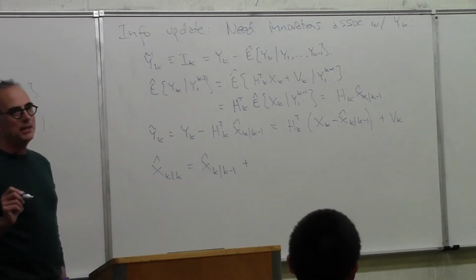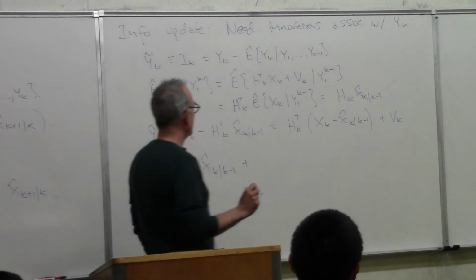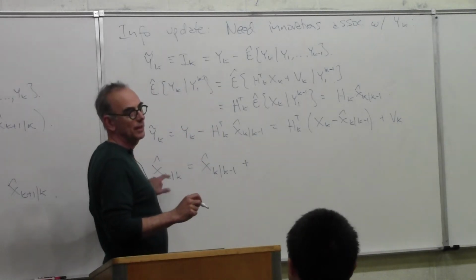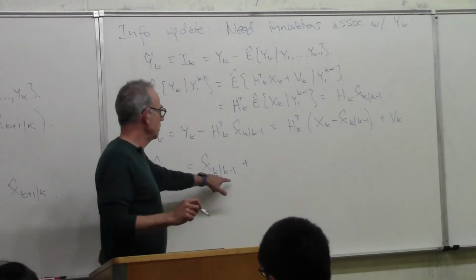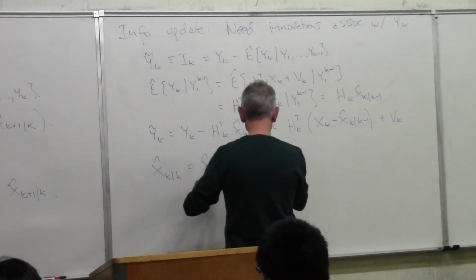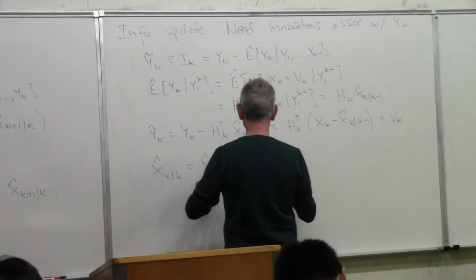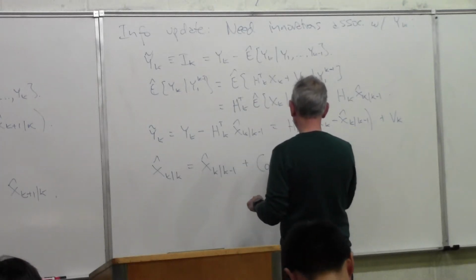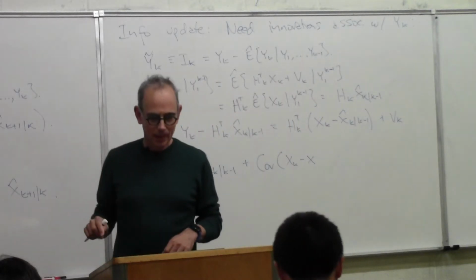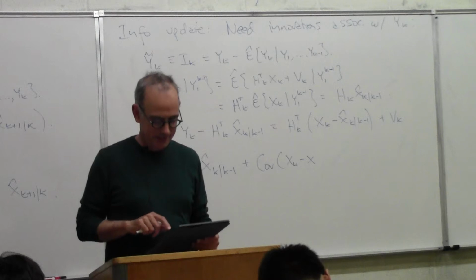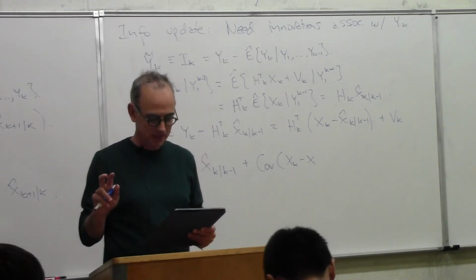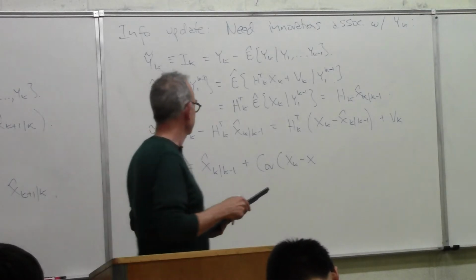So what is it again, everybody? We have our innovation. So our new estimate of x k at time k is the old estimate plus an update in terms of the innovation. And so we put in a covariance of x k minus its mean. I'm terrified I'm going to make a mistake. This is prone to errors.